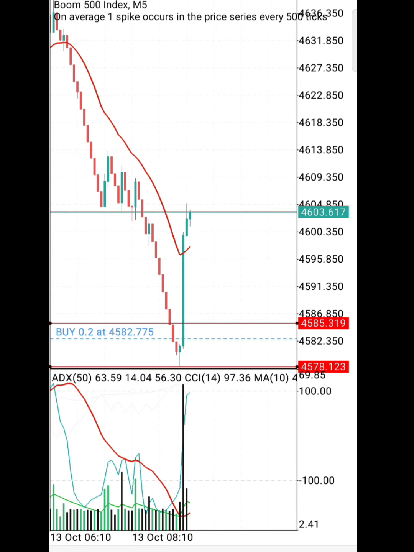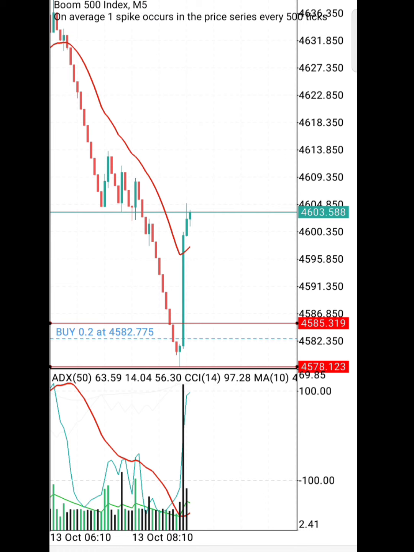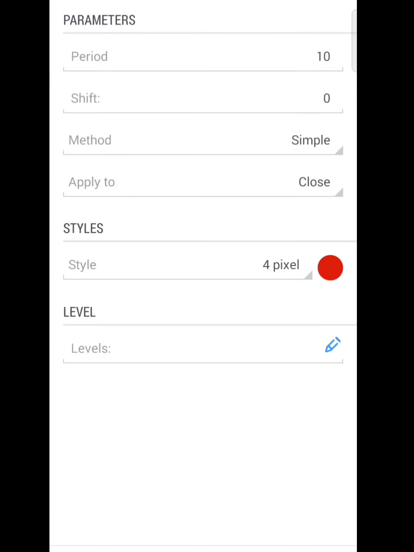Yeah. So the next indicator, okay, I think we got another spike again for Boom 500. The next indicator is the moving average, period 10, shift 0, method simple, apply to close. The style is 4 pixels. You can use color red as well. Then you click done.